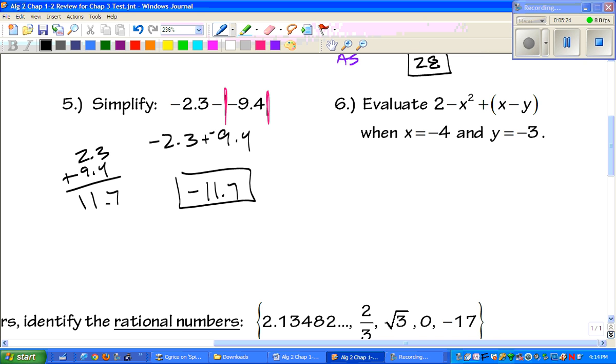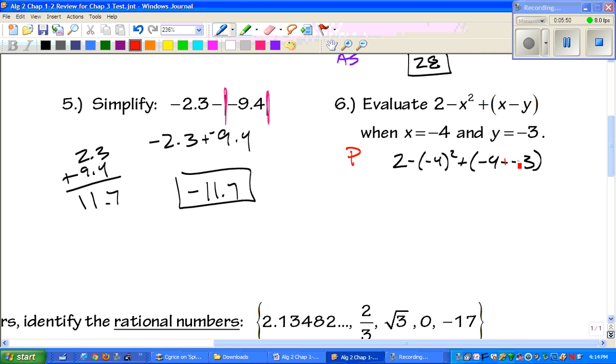All right, question number 6. Evaluate 2 minus x squared plus x minus y when x equals negative 4 and y equals negative 3. So the first thing I'm going to do is plug in all of my variables. So we need to do the order of operations.